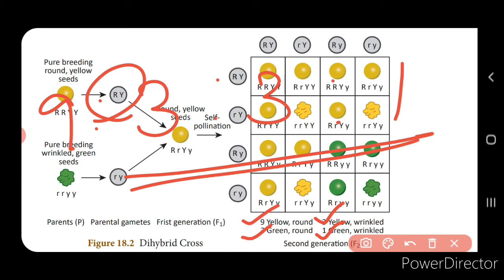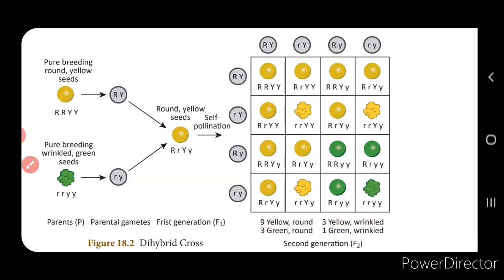Now if you see the result of the dihybrid cross, 4 types of plants are found. That is, a dihybrid cross produces 4 types of F2 offspring.